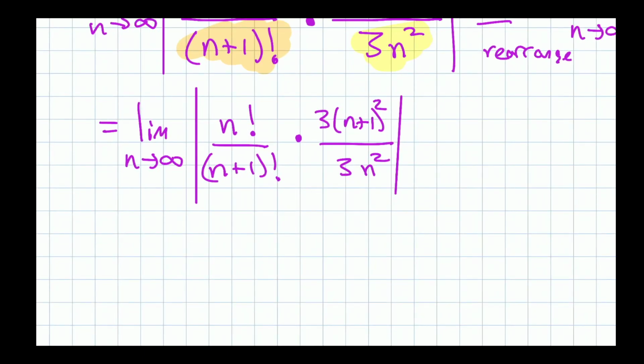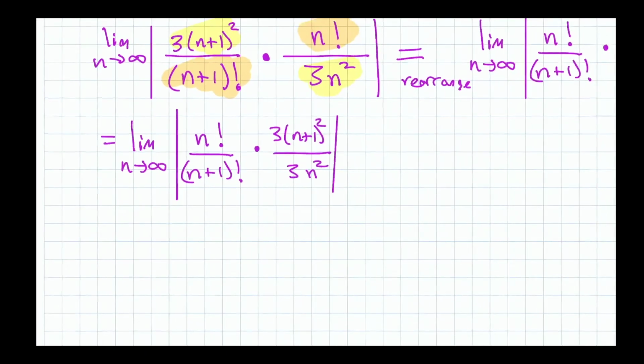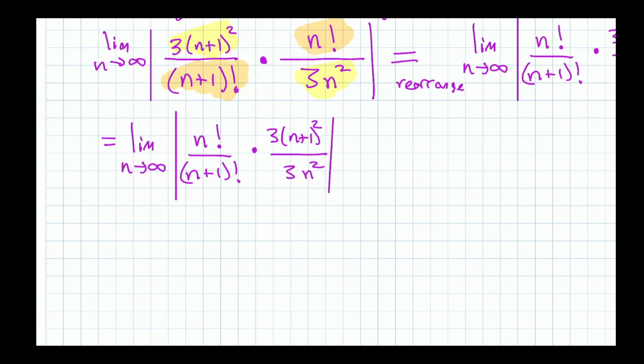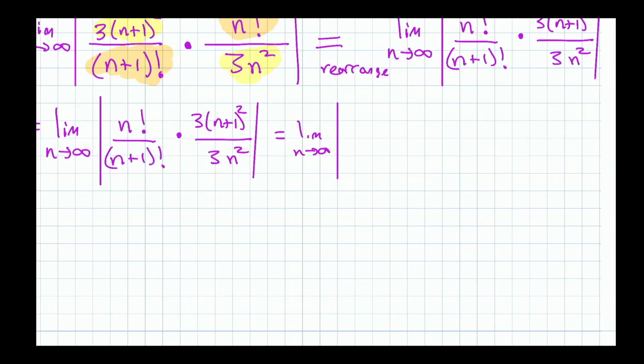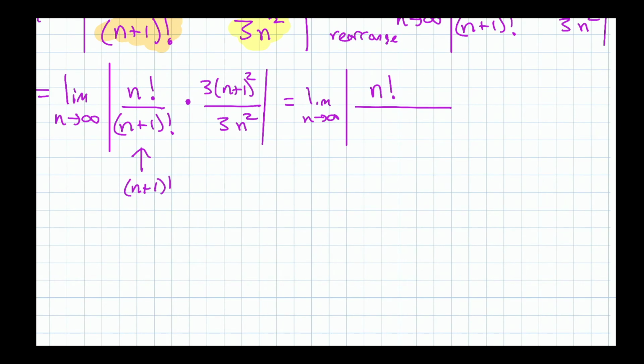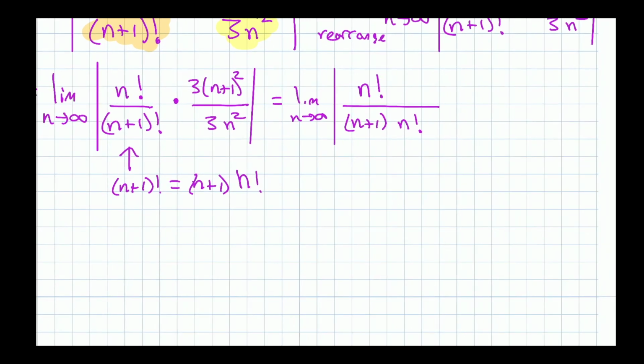So look at this. What you're going to do for your factorials is simplify them. You've got n factorial on top, and on bottom you have (n plus 1) factorial. But (n plus 1) factorial is n plus 1 times n factorial, so we're going to be able to cancel the factorials.